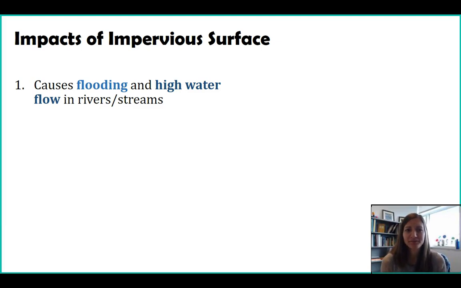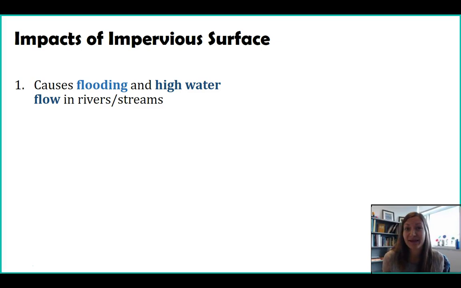So why does it matter? Well, one, it's going to cause flooding because that water has nowhere to go. That water is literally sitting on top of this pavement, just waiting. It might go down a stormwater drain, but if that stormwater drain's already backed up, it's just going to flood. And related to that, if it does get to a stormwater drain and it does get to a water body, it's going to be moving fast, right?